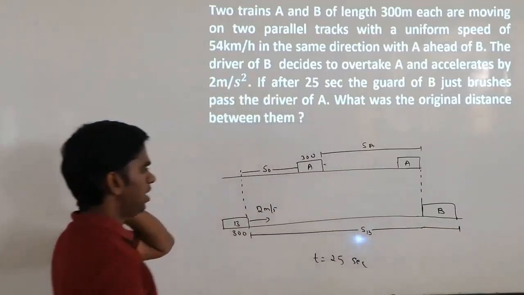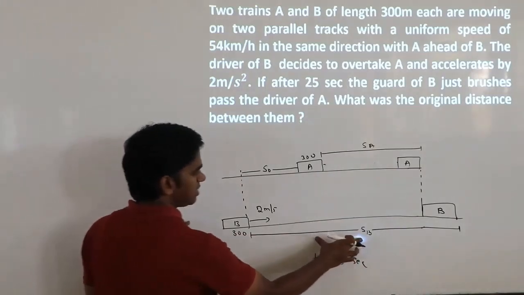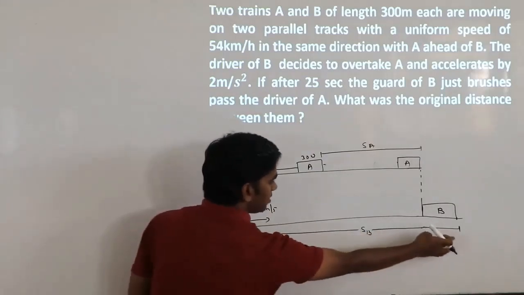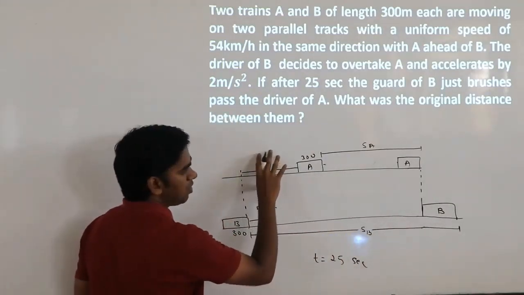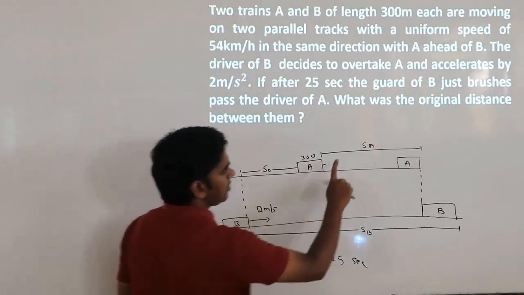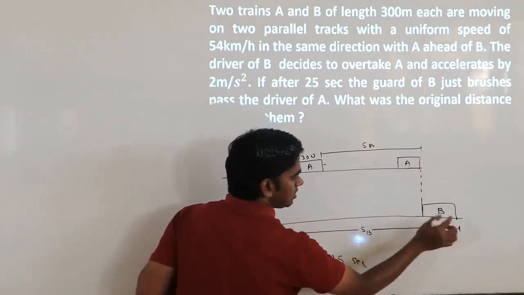Now see here, this total distance SB is equal to S naught plus this 300 length of train, then SA from here to here, plus this 300.